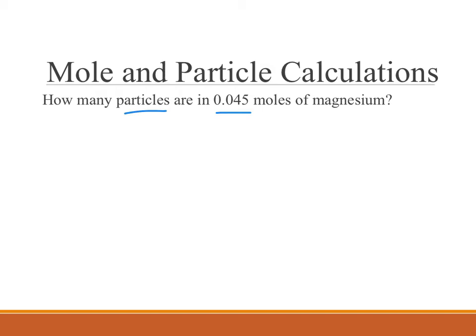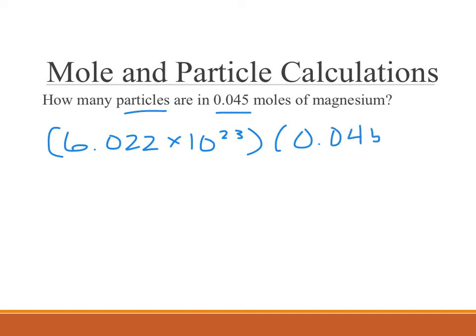So you know 1 mole has 6.022 times 10 to the 23rd particles. So you're going to know that's 1 mole, but you don't have 1 mole. You only have 0.045. So you're going to multiply these two numbers together to see what the number of particles is in this tiny, tiny piece, 45 thousandths of 1 mole.